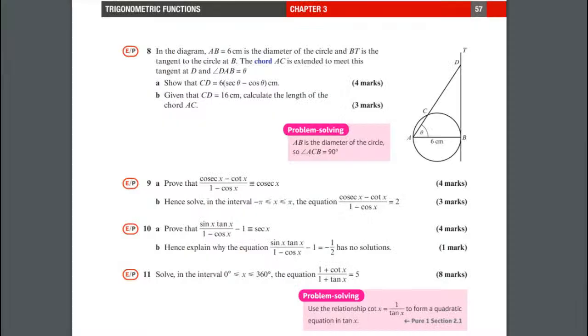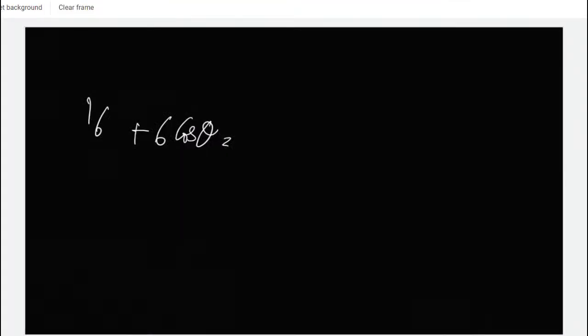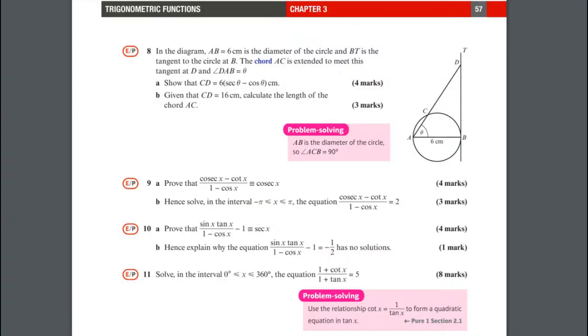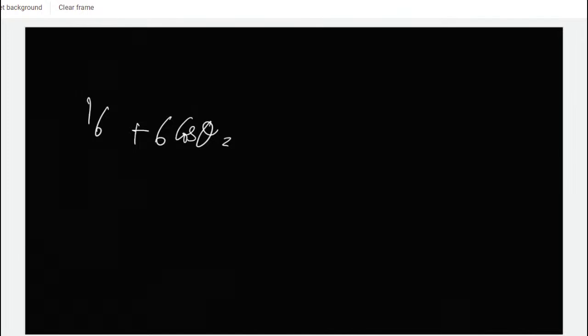Wait one second, my screen doesn't clear at times. 16 plus 6 cos theta is equal to... CD is 16, and AC we have got as 6 cos theta, right? Is equal to AD, which was 6 sec theta.